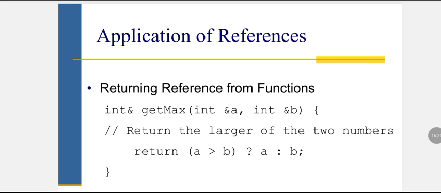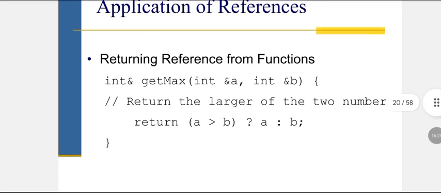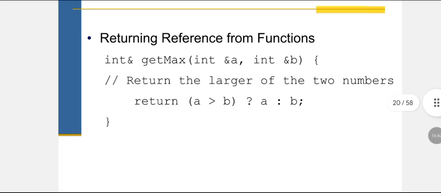Then inside that get marks, we have our int, then the reference, another data type, then our reference. Then you can see our comment, we return the larger of the two numbers. So we return the a greater than the b. So you can see the example here.